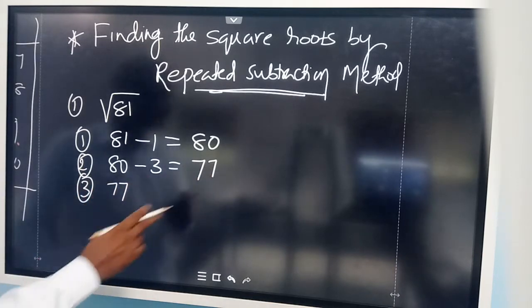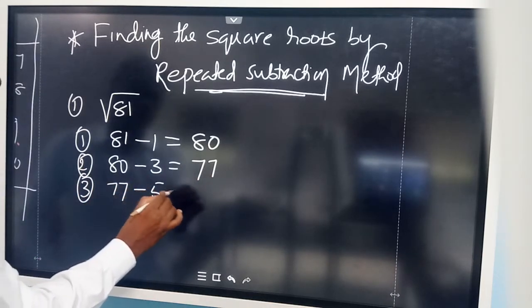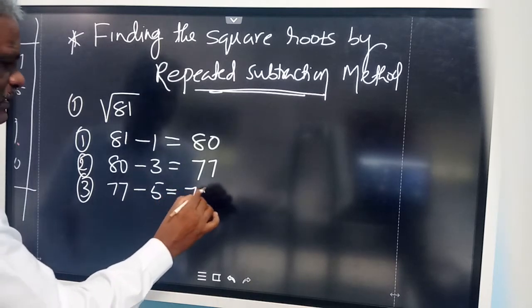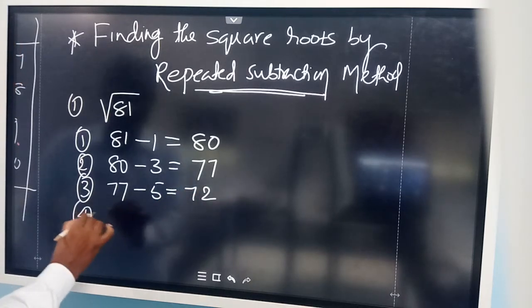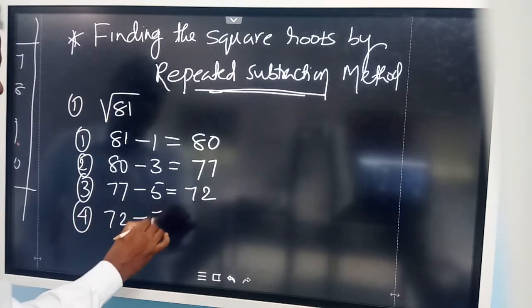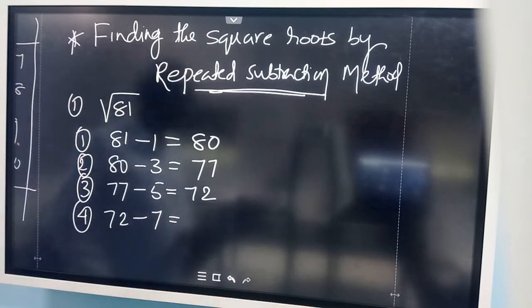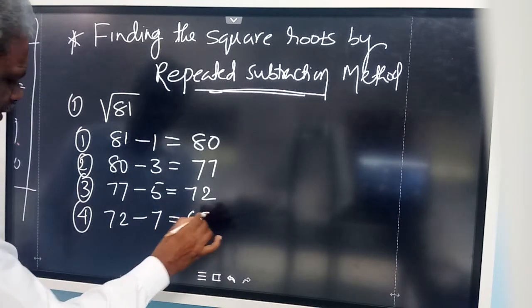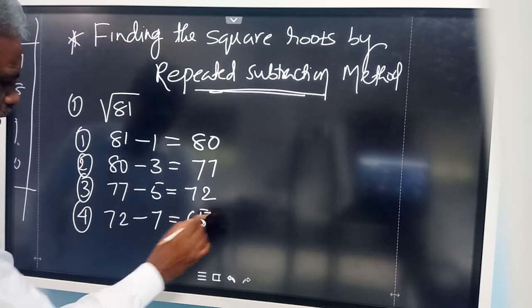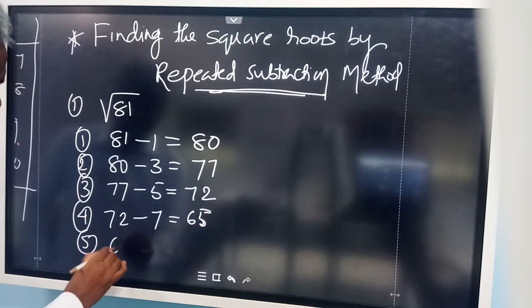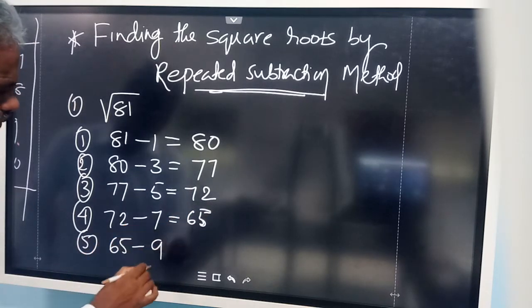So now third step, another number we will subtract. 77 minus 5. What is the answer? 72. Fourth step. 72 minus 7. What is the answer? 65. Subtract like this. Now fifth step. 65 minus the next number, 9.